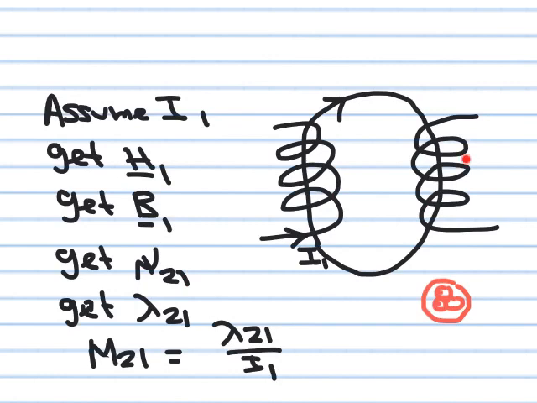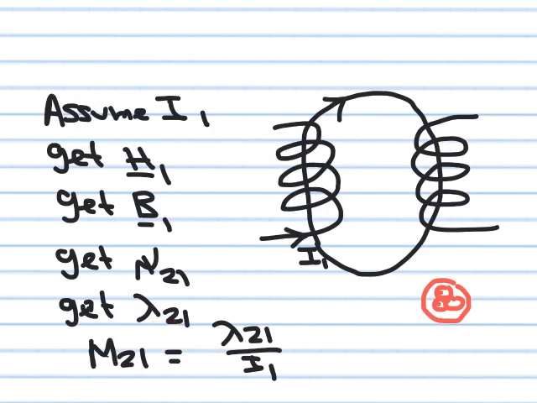So I can calculate psi21. Psi21 is simply the integral of B1 over the area of the second coil, so it is the integral of B1 dot ds. Once you have found psi21, we calculate something else called flux linkage. Flux linkage is simply the flux multiplied by the number of turns.